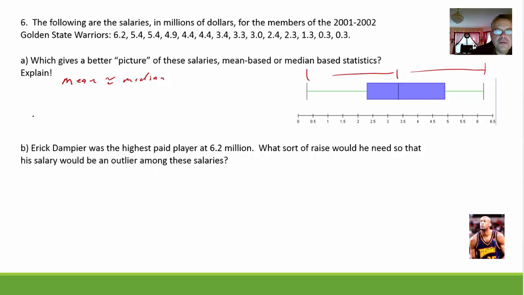So this is pretty symmetrical. We use the mean and the standard deviation. So because it's symmetrical, or symmetric, use mean-based statistics, which means the mean and the standard deviation.